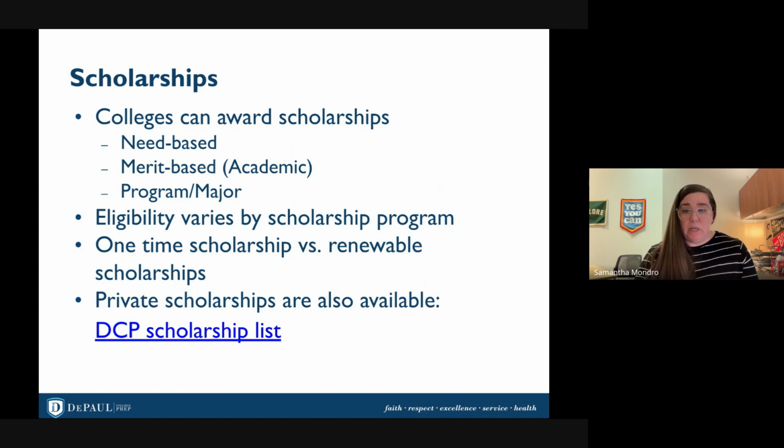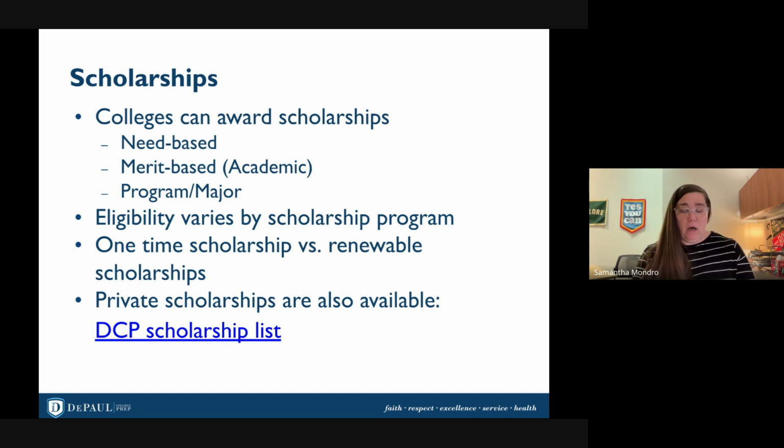Sometimes if you are a business major, you may get a business scholarship based on your academic performance as well. Eligibility for scholarships varies by scholarship program. You want to pay attention to the terms of your scholarship because some scholarships are just one time versus a renewable scholarship.